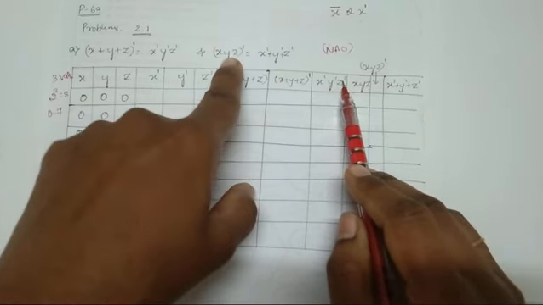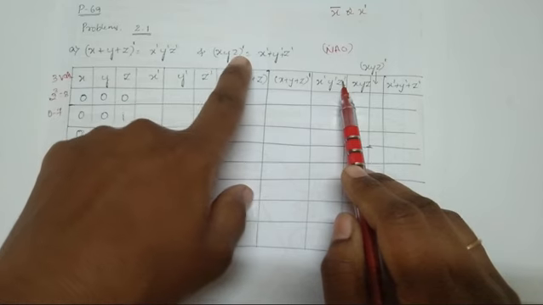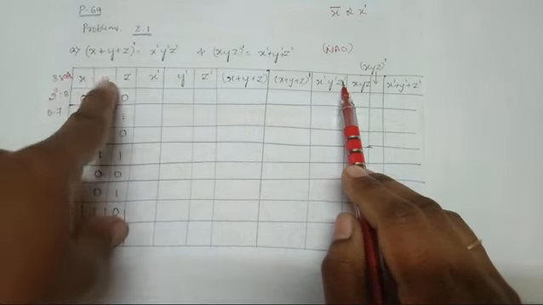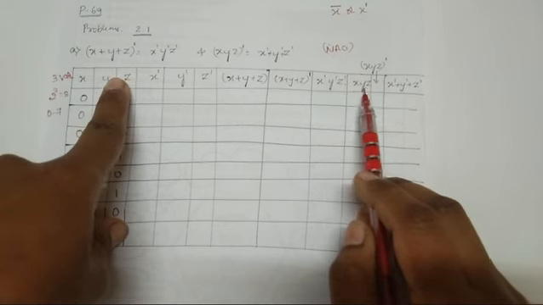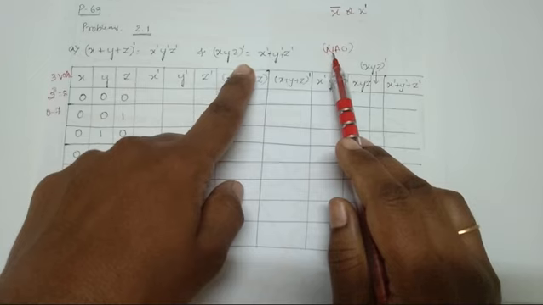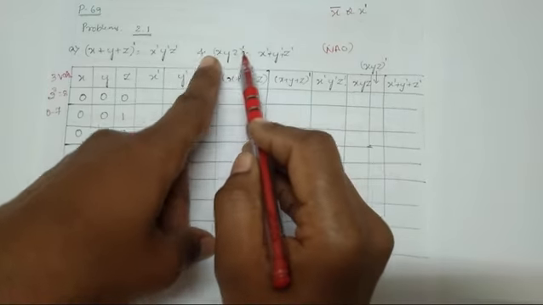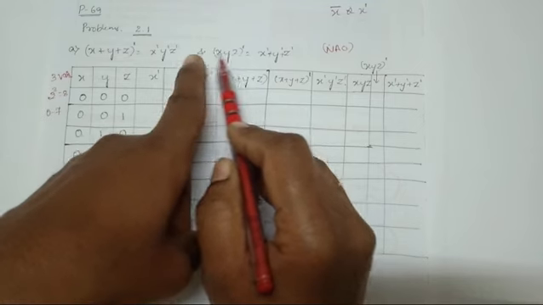Next, x into y into z. We have x, y, z here, so we do the AND operation. See the contents here: these are within the bracket, so I have to evaluate this first.